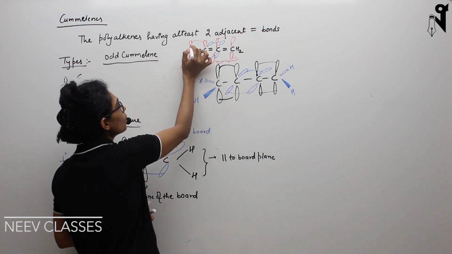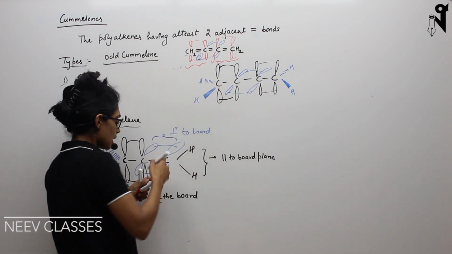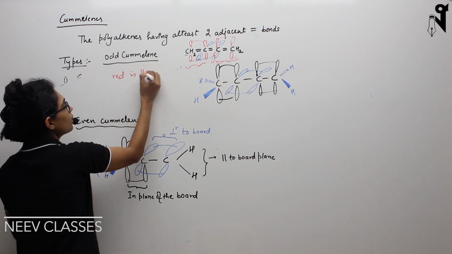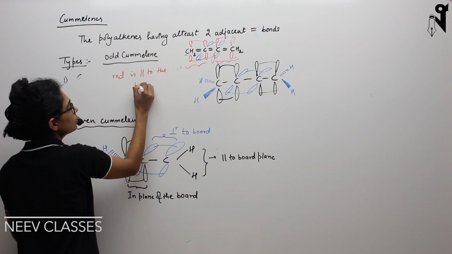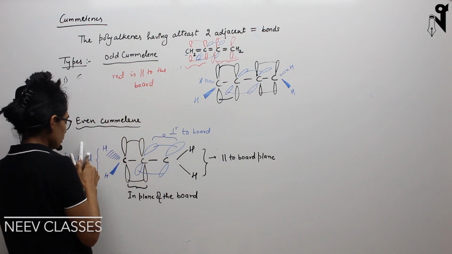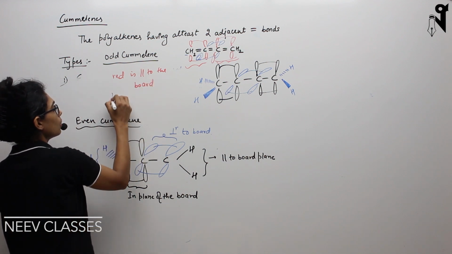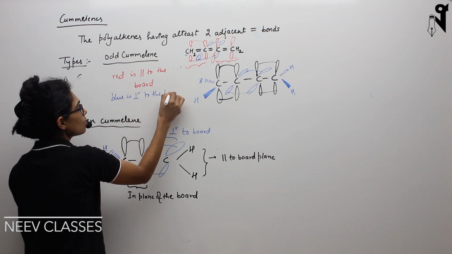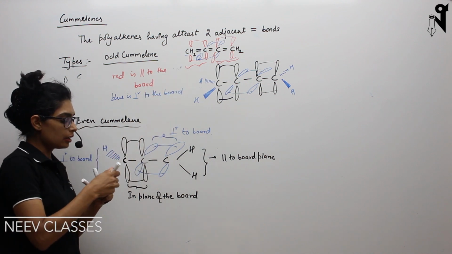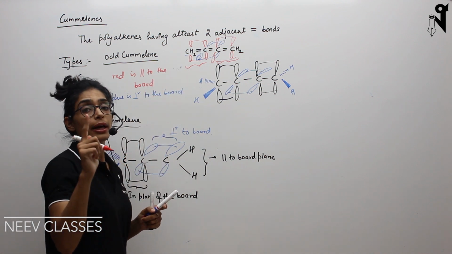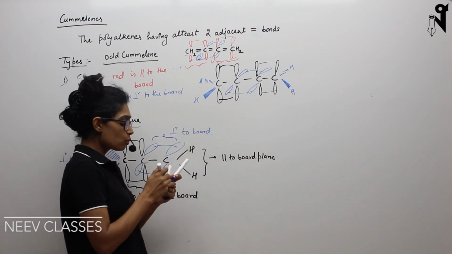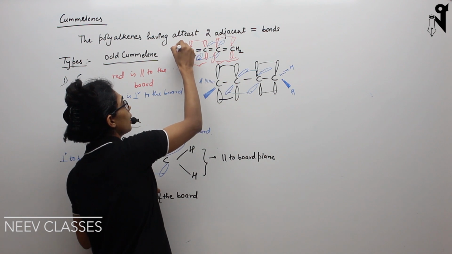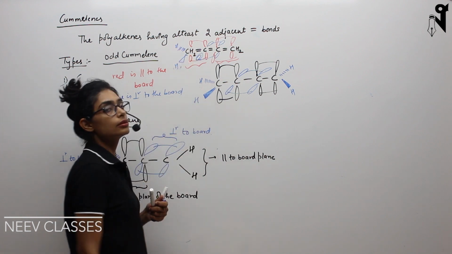So if the p orbital of this red one is parallel to the board, and the blue is perpendicular to the board, then since I have used red as one plane, if I have to show my sigma bond, I'll have to show it with the other plane. So my other plane will be this hydrogen, and this is this, correct?